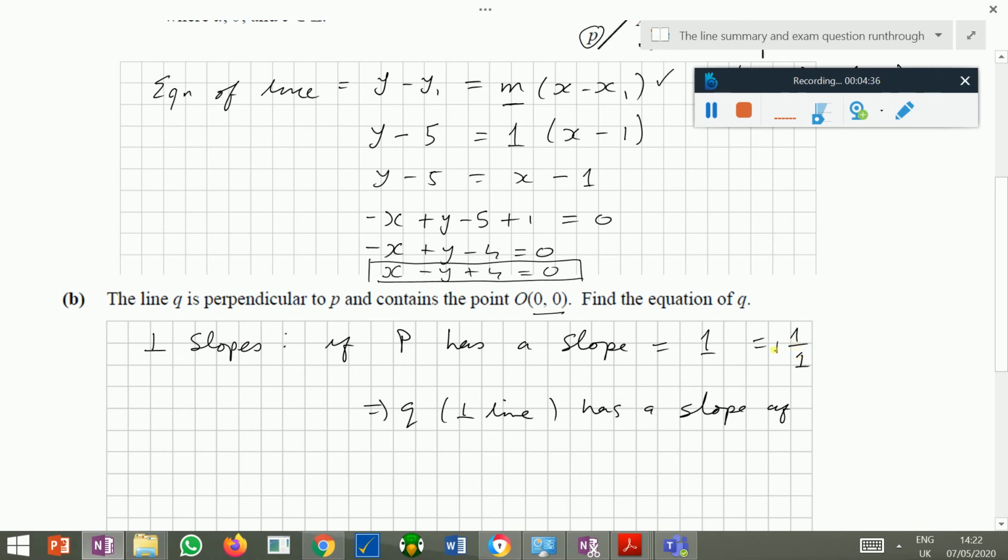This is a plus, you change it to a minus, and you flip the fraction upside down, and you get minus 1 over 1, which is equal to just minus 1. And that's the slope then for this perpendicular line Q.